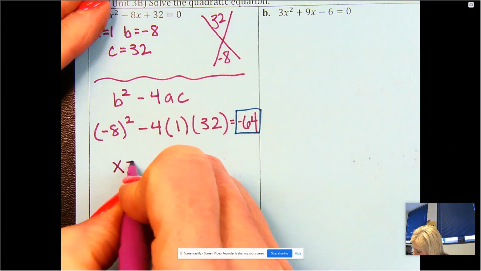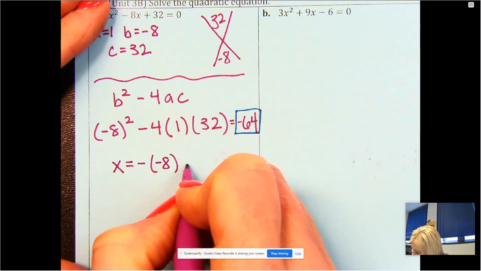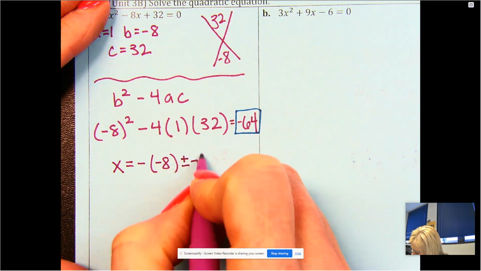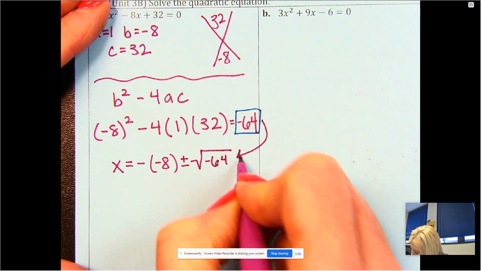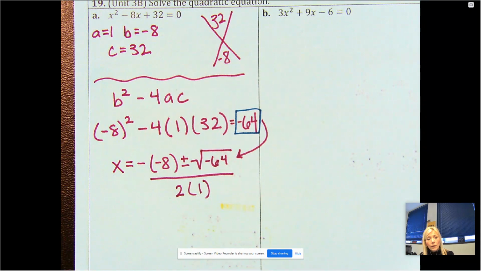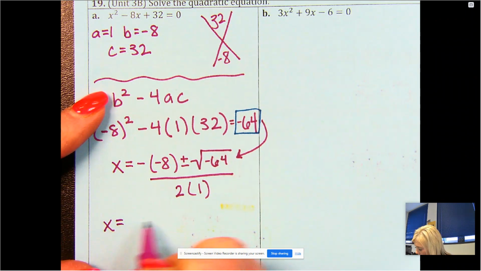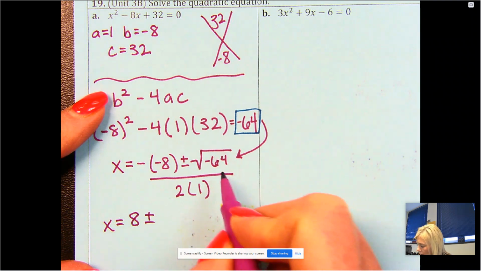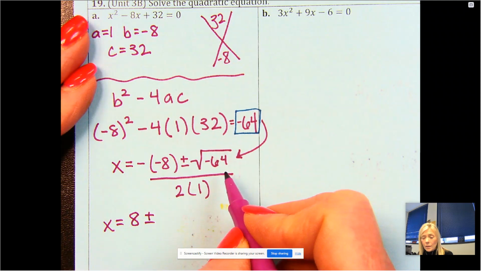So x equals -(-8) plus or minus the square root of -64. Remember, that's what goes there, over 2 times 1, 2a. And now we just clean it up. The opposite of -8 is 8. The square root of -64 is an imaginary number, and 64 is a perfect square.